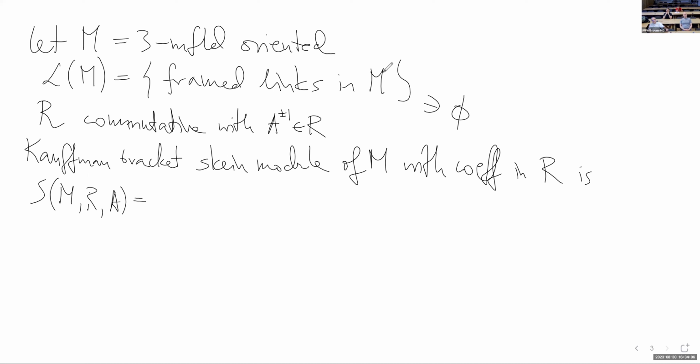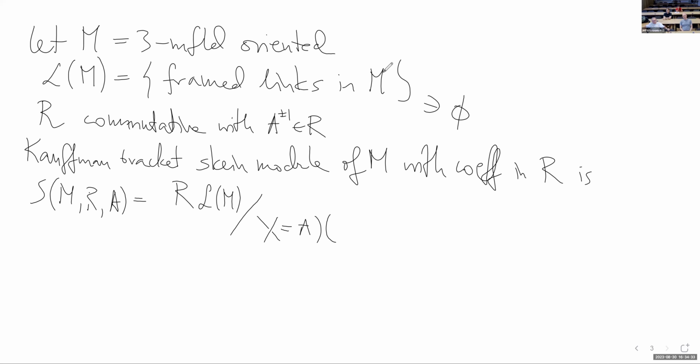And this is going to be the space of linear combinations of framed links. I'm going to take this infinite dimensional free module over R and quotient it in a formal way by the scalar relations, the Kaufman bracket scalar relations.